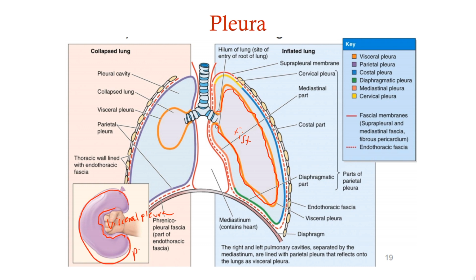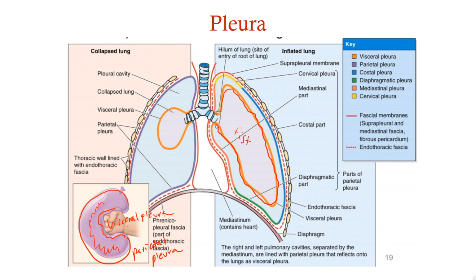This is parietal pleura. You have the same concept wrapped around your heart, a parietal and a visceral pericardium, but around your lungs it's called pleura, visceral and parietal. And then this space in here is called your intrapleural space.